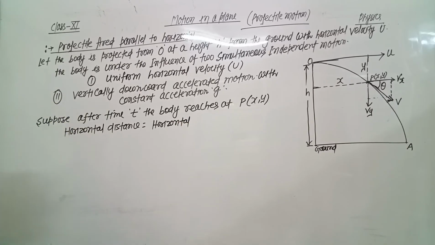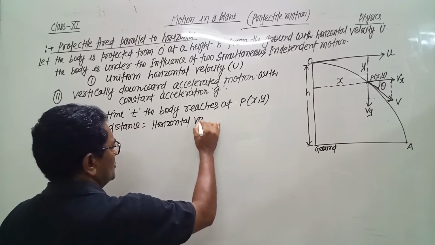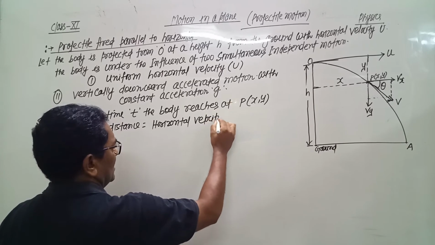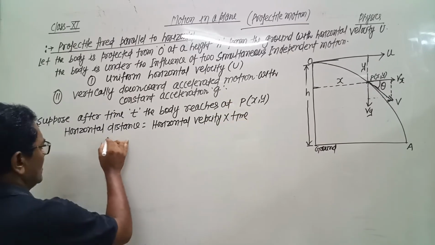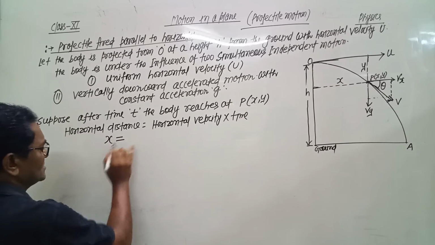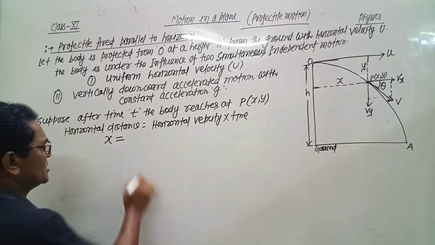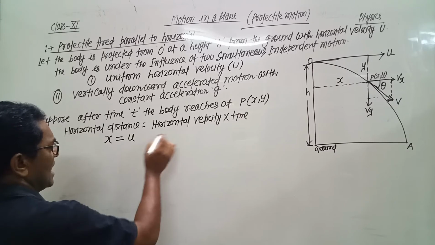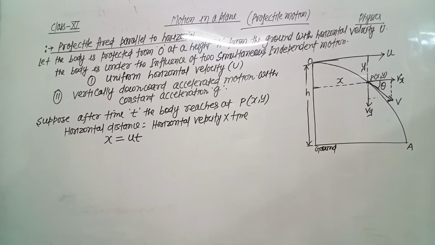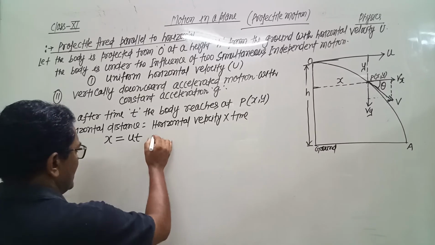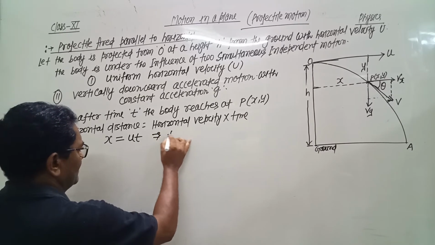So horizontal distance covered equals horizontal velocity into time taken, and horizontal distance is x, horizontal velocity is u, and time taken we have supposed t. So x equals u into t, and we will find the value of time.